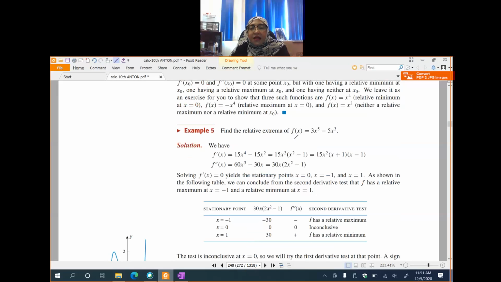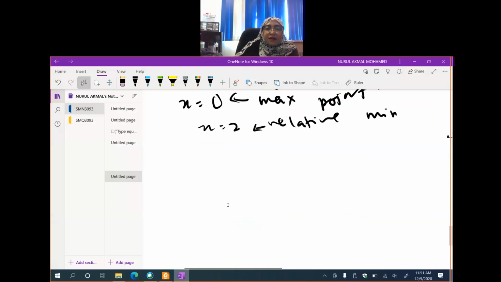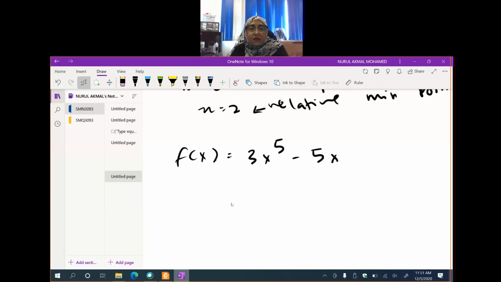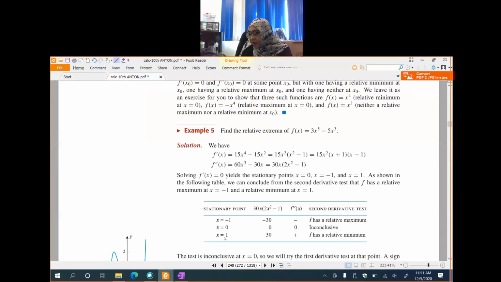Find the relative extrema of y equal to 3x to the power of 5 minus 5x to the power of 3. So the f here is 3x to the power of 5 minus 5x to the power of 3.